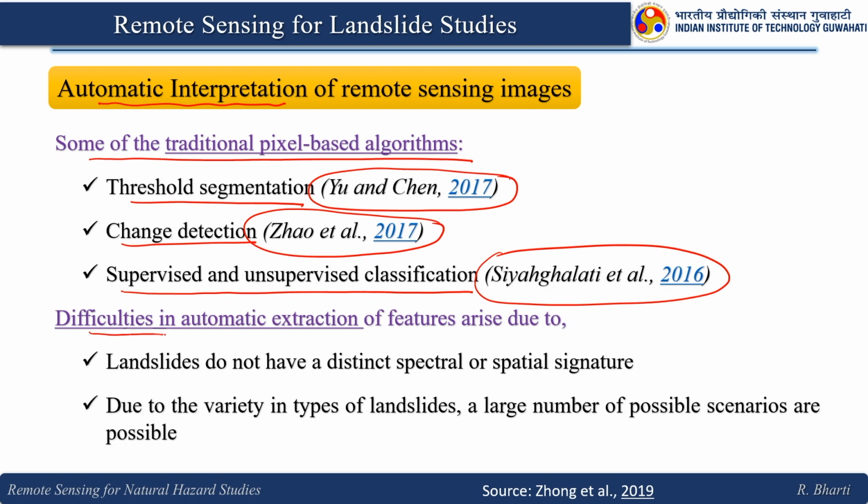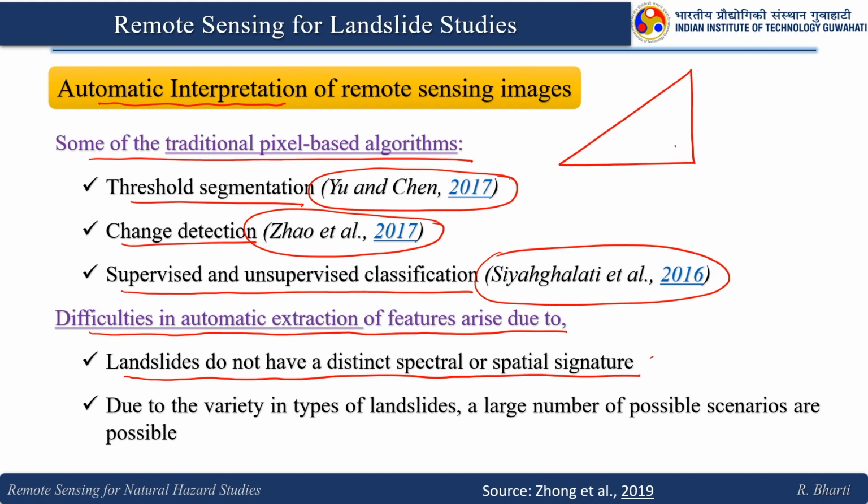The difficulty in automatic extraction of features arises because landslides do not have a distinct spectral or spatial signature. Why? Because when we talk about a landslide, we are talking about the failure of a slope, and this slope can be made up of soil, rocks and soil of different nature.